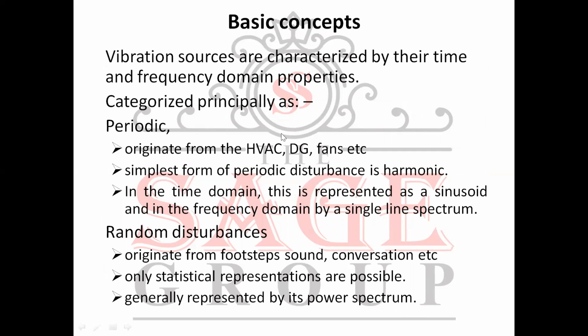Now, how many types of vibrations are there, or how are they classified in machines? Vibration sources are characterized by their time and frequency domain properties. If we are categorizing vibration, there are two types: periodic and random disturbance. These are the two factors by which vibration can be generated.